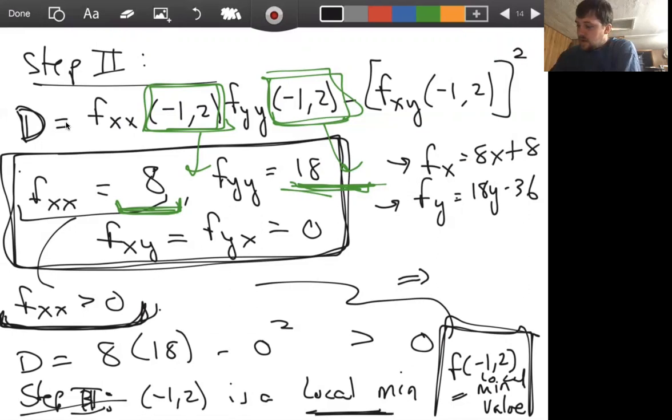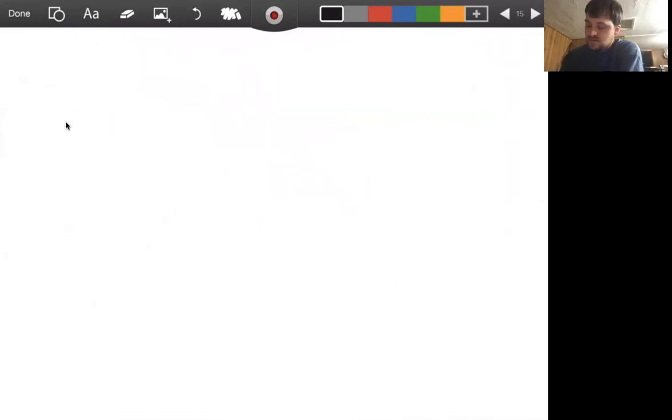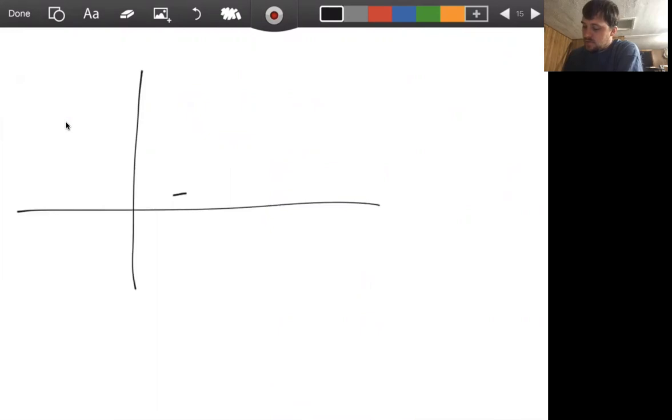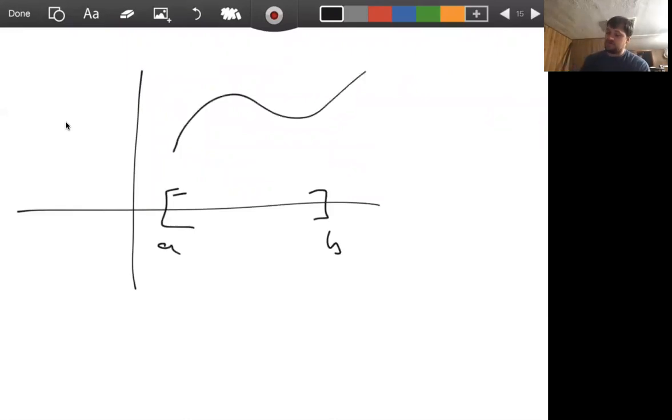Now, what I want to talk about next is open and closed sets, because here we can look at finding maxima and minima. If you remember, in the single variable case, when you wanted maxima and minima over a closed interval, we have the extreme value theorem that says a continuous function over a closed interval attains a global maximum and a global minimum.